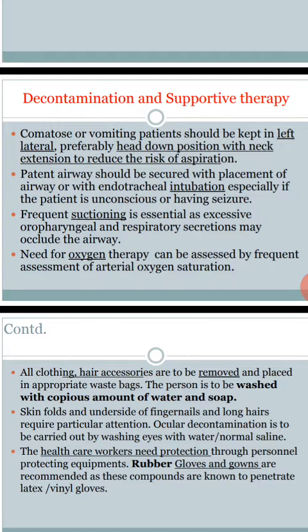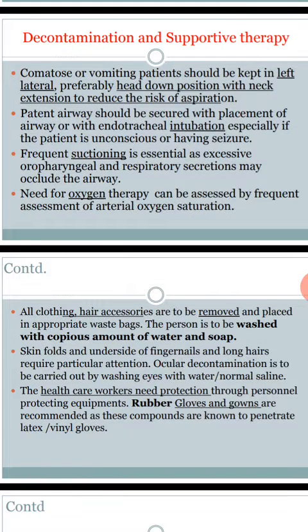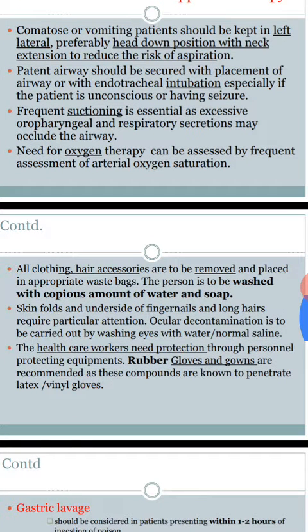Later on, the person has to be washed with a sufficient amount of water and soap. Skin folds, underside of fingernails, and long hair require particular attention. If the contamination happens in the eye, you have to wash the eye with water or normal saline.